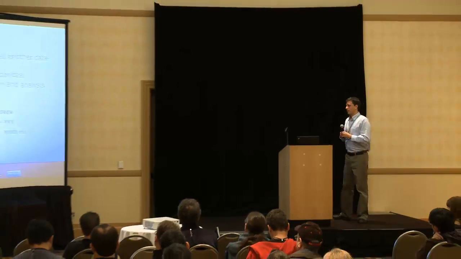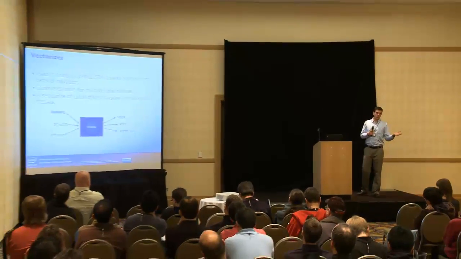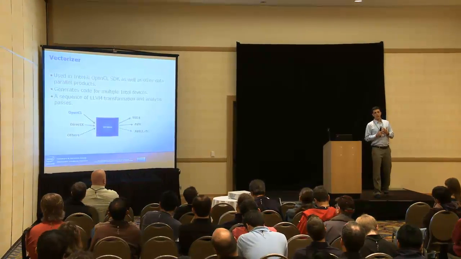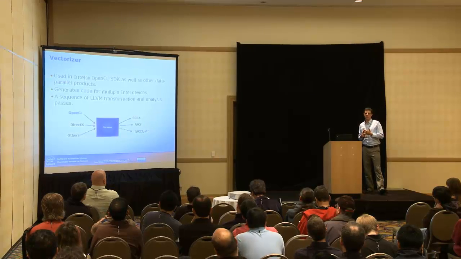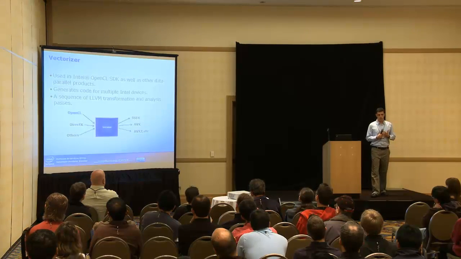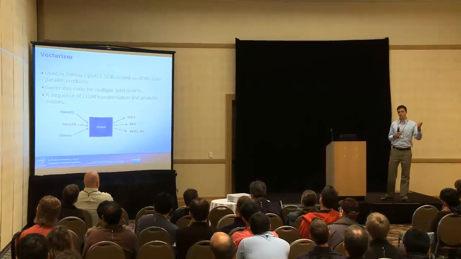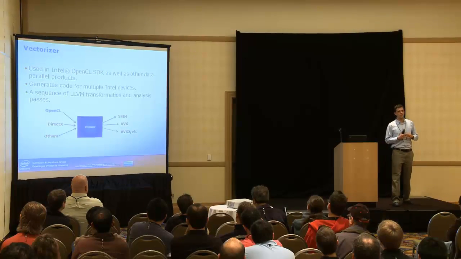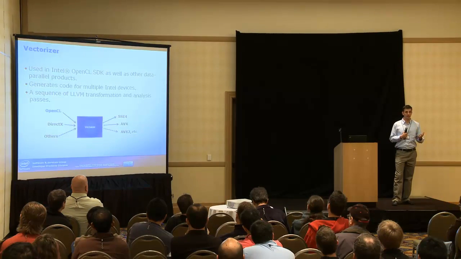One thing that's interesting about the OpenCL vectorizer is that it is not an OpenCL vectorizer. It is a general data parallel languages vectorizer, and OpenCL is only one of the clients. Intel's OpenCL SDK is one client. We also had an internal DirectX product, which used the vectorizer to vectorize DirectX shaders.